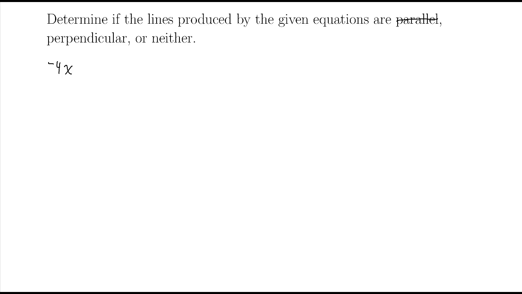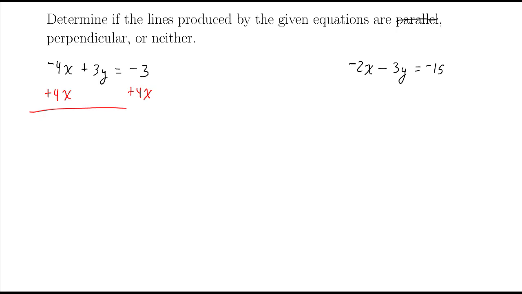So negative 4x plus 3y equals negative 3, and negative 2x minus 3y equals negative 15. Let's get y by itself to put it in slope-intercept form, because once it's in slope-intercept form, we can look at the number attached to x. That'll be the slope. So I'm going to get rid of the x variable term by adding 4x to both sides. That will make sure that the left side only has the y variable term.